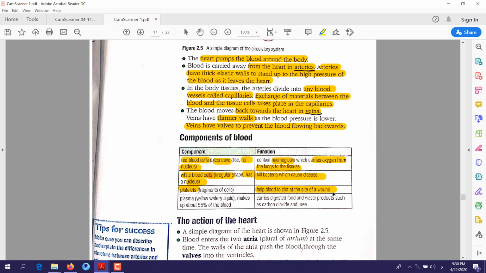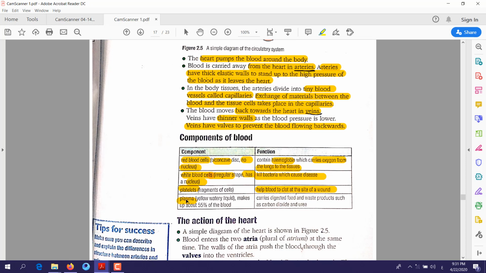If you get an injury in any part of your body, let's say your skin, you will start bleeding. But after a couple of minutes, your skin will stop bleeding. Why? What happened? It's the platelets. The platelets will gather and block the wound, and then stop the bleeding.